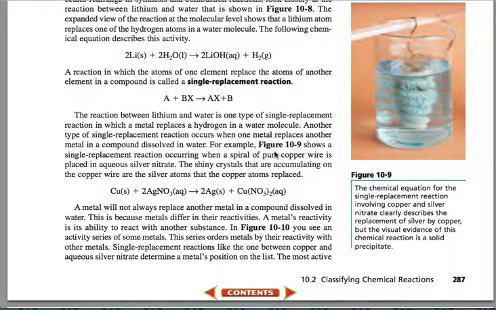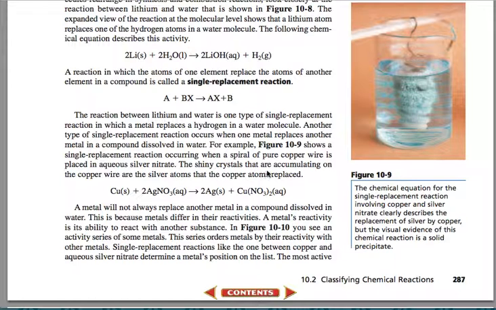For example, figure 10-9 shows a single replacement reaction occurring when a spiral, this is a spiral right here, of pure copper wire is placed in an aqueous silver nitrate. So the silver nitrate has been dissolved in the water, and then they put a copper metal wire down into it.